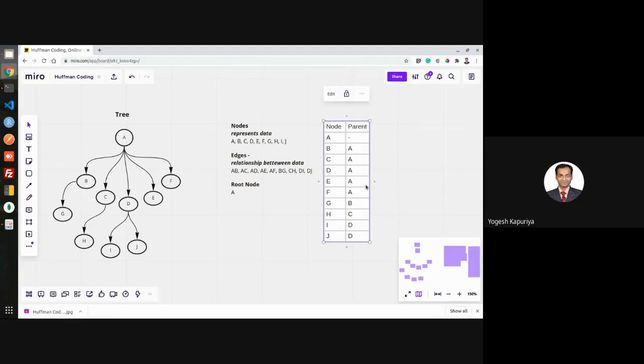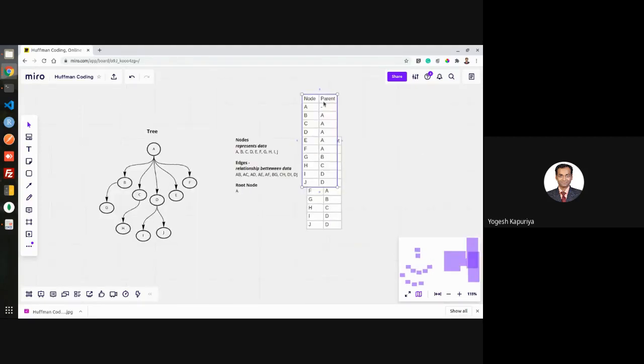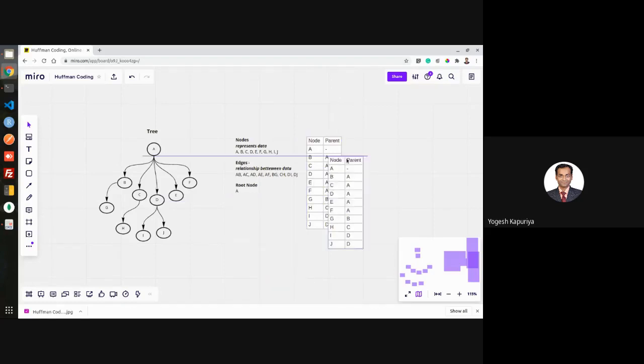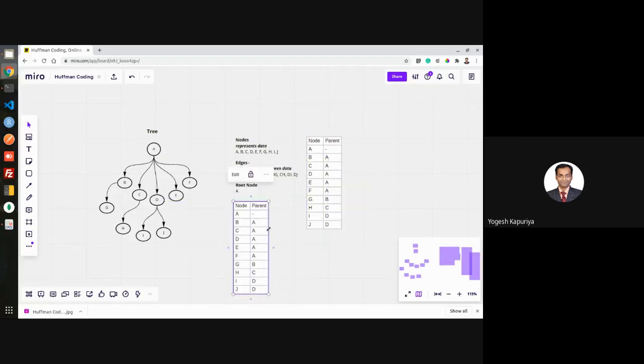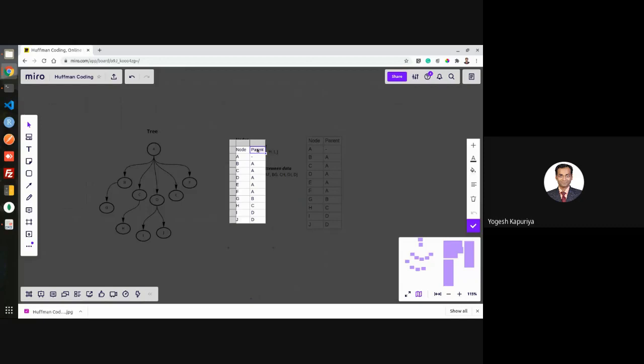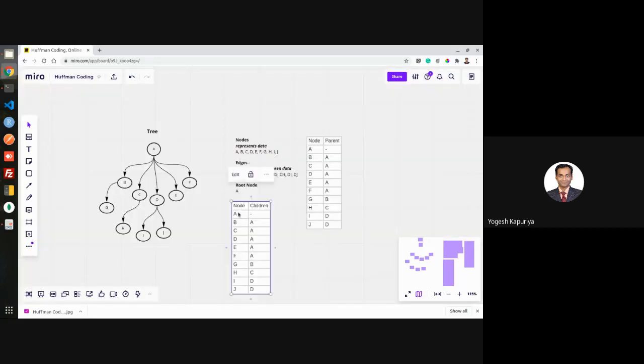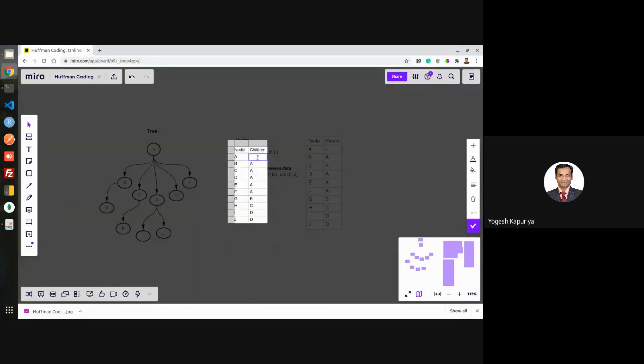Similarly, there is something called a child because it's a relationship. So in a relationship, you also have children as well. So one who can understand parent can always understand what do we mean by children as well.